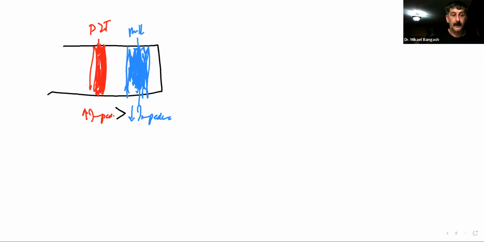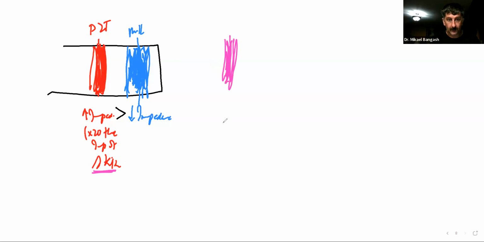Okay. We said that this impedance of the PZT was equal to 20 times the impedance of skin. And we'll use skin here.